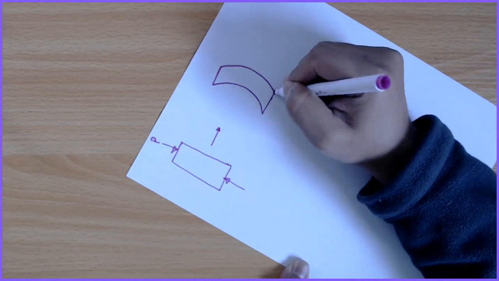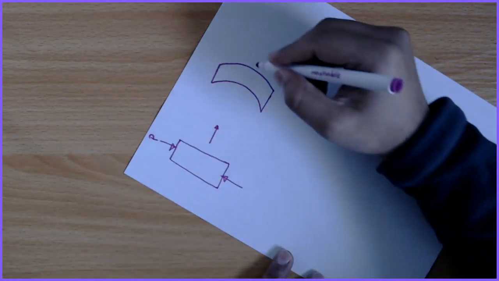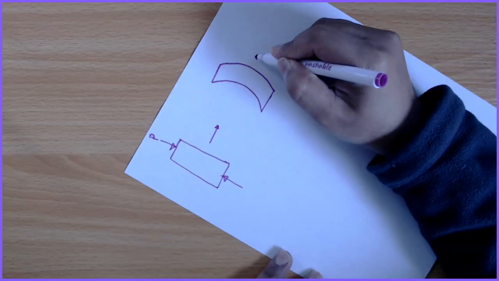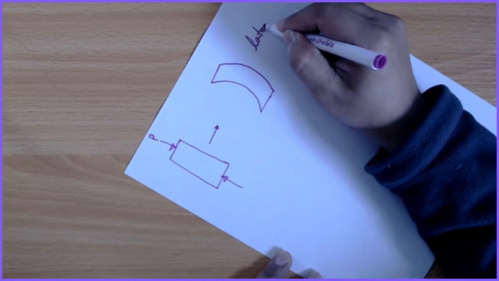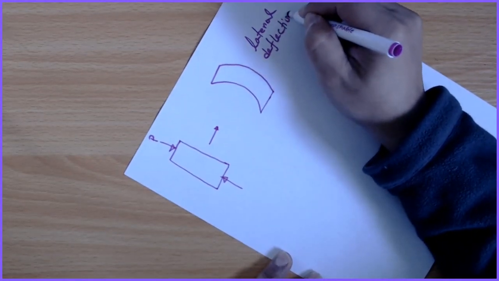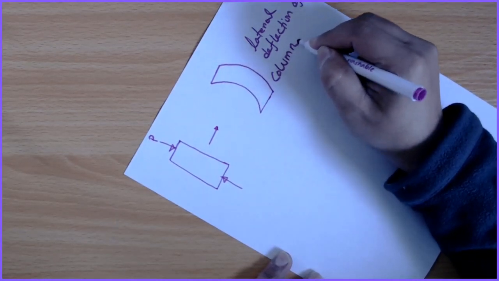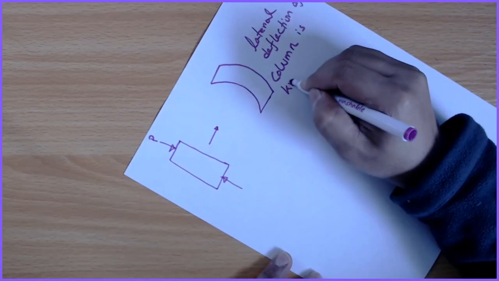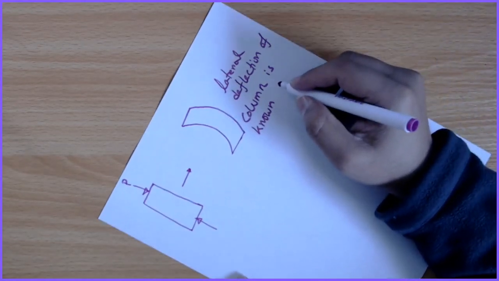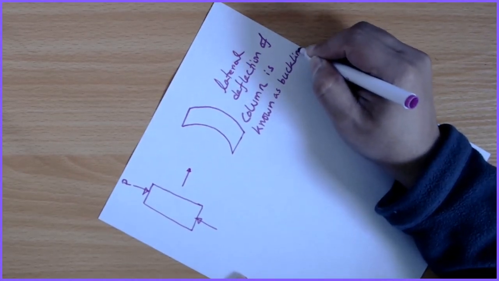That means basically, what does that mean? Buckling is what we call this lateral deflection. You see this lateral deflection of a column is known as buckling.